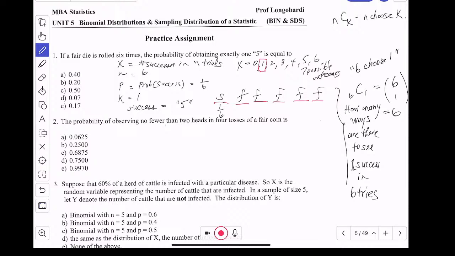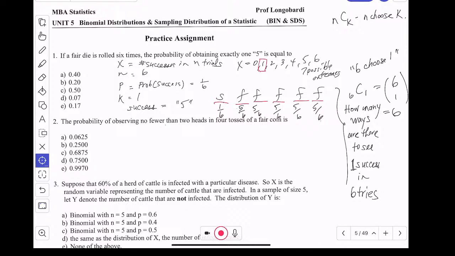Give me the fraction, Valeria, for failure. Very good. So this is the probability of this and this and this and this and this and this.